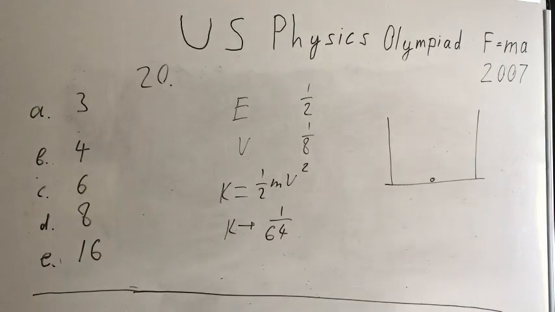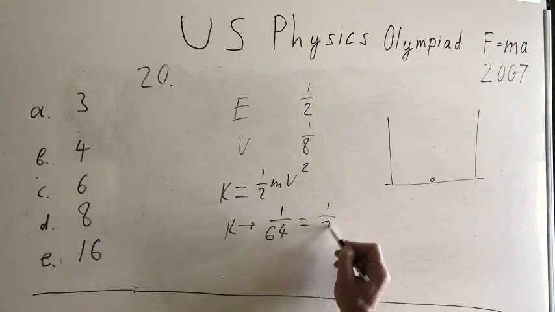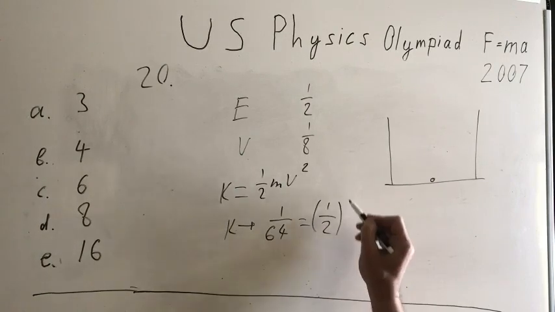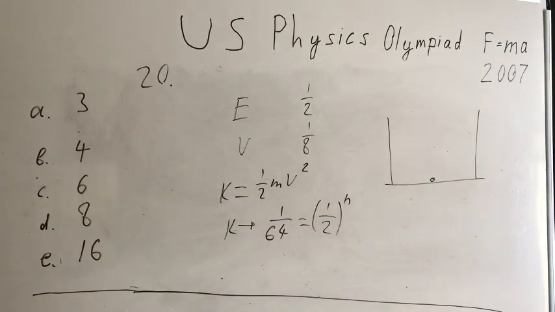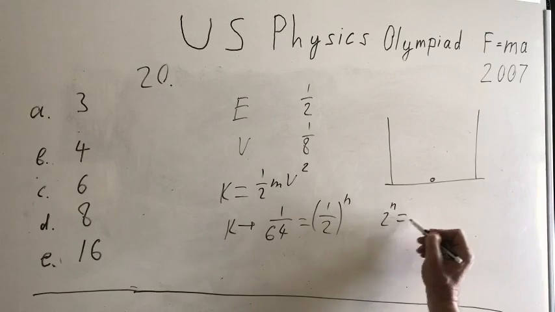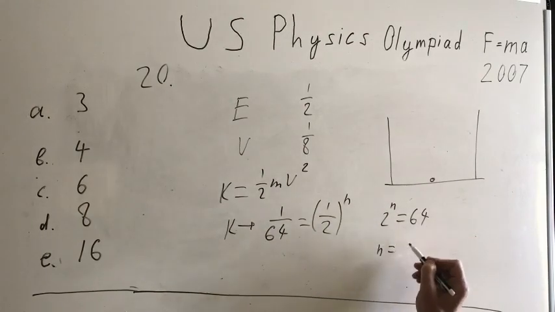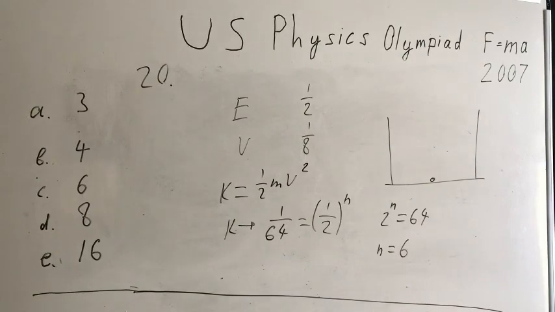But we know that after each collision we're losing 1/2 of the energy. So we just need to equalize this 1/64 to 1/2 to the power n, n being the number of collisions. So it means that we have 2 to the power n equal to 64, and n equals 6. So this is the correct answer, C.